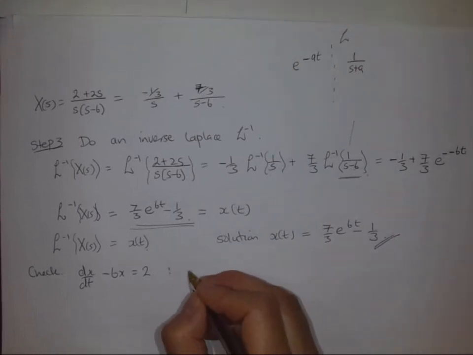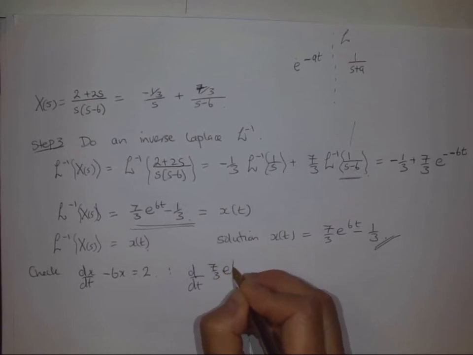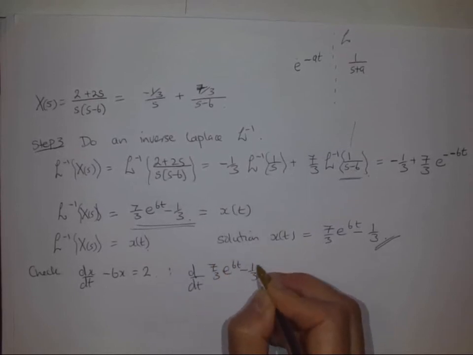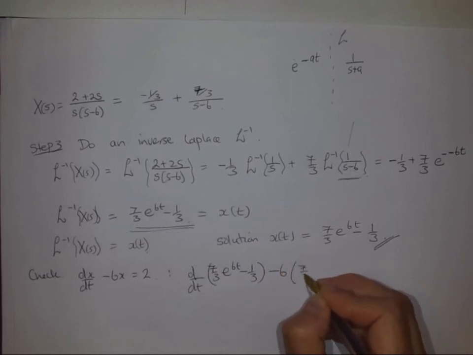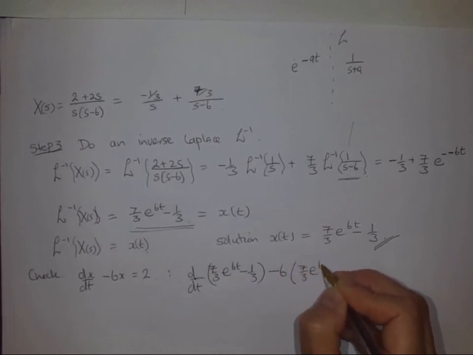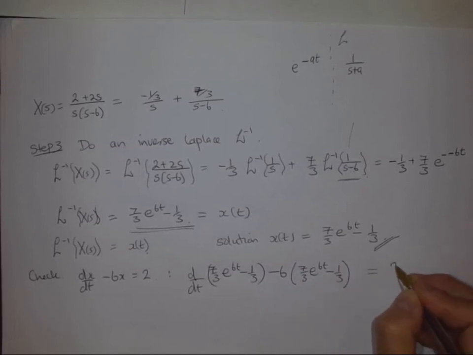So basically it's d on dt of (7 over 3 e to the 6t minus 1/3) minus 6 times (7 over 3 e to the 6t minus 1/3). And that should equal 2.